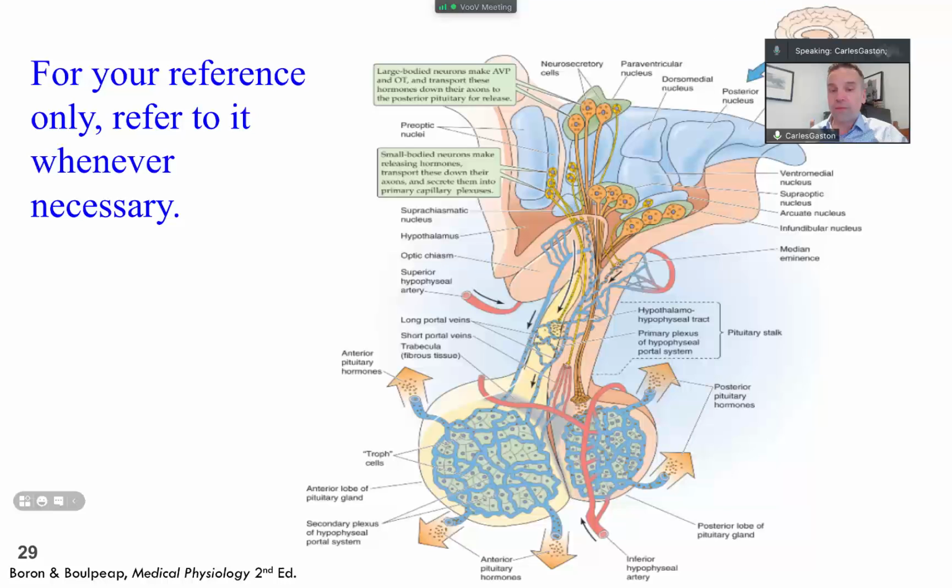The posterior pituitary doesn't drain into the portal system but is touched directly by the axons, and it secretes only two types of hormones, oxytocin and vasopressin.